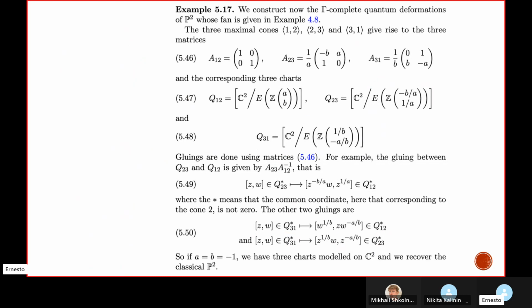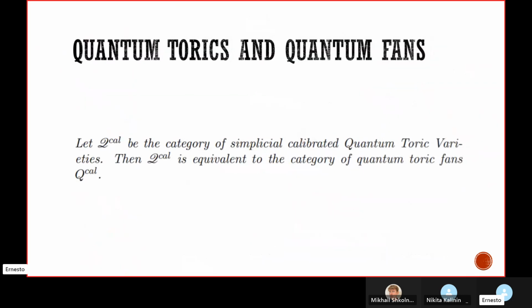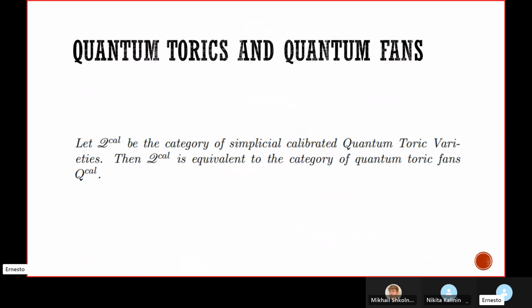Okay, so we have the following theorem. The category of simplicial calibrated quantum toric varieties and the category of quantum toric fans are equivalent. This theorem is a little bit unfair from what I have said right now, because I have not really defined by any other means the category of simplicial calibrated quantum toric varieties.